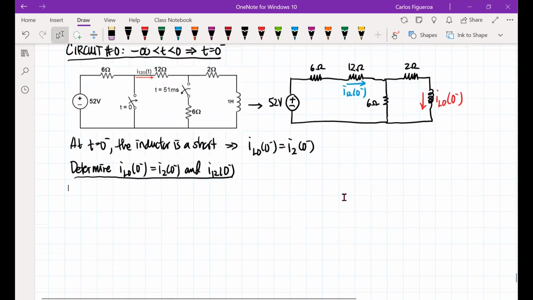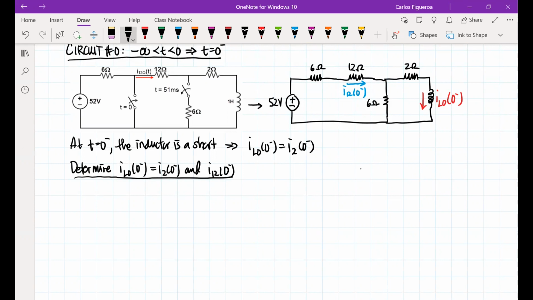So when I look at that circuit here, I want to do two things. To get the initial inductive current, I'm going to use voltage divider rule to get the voltage where the 6 and 2 are in parallel. And then I'm going to use Ohm's law to get that current right there.